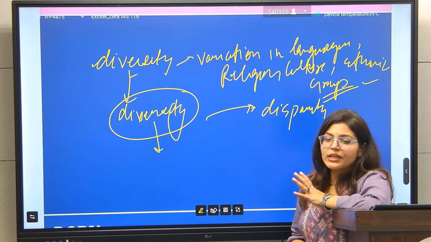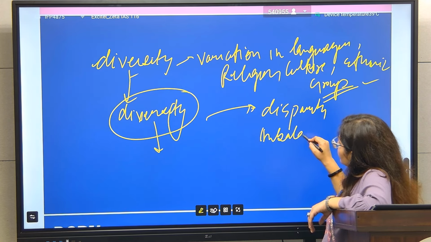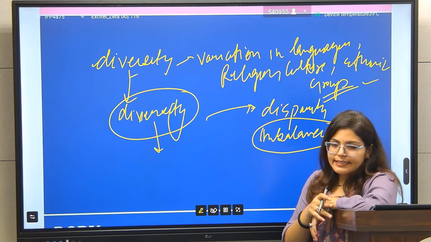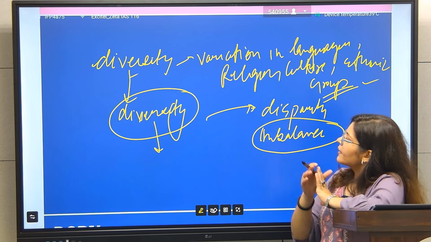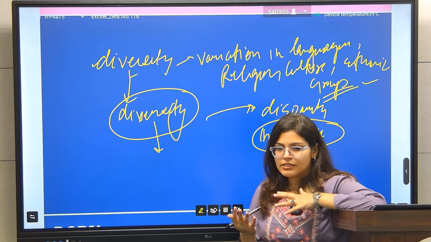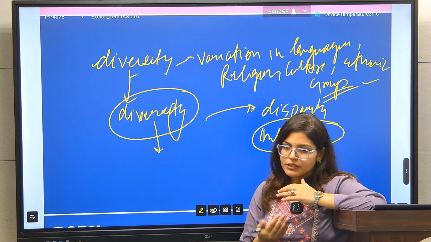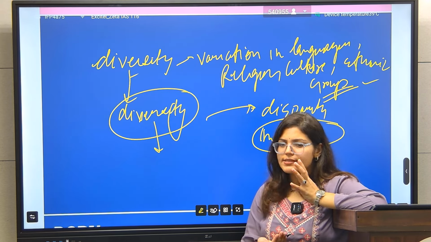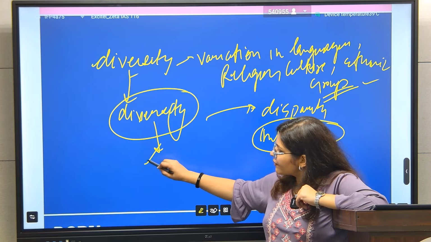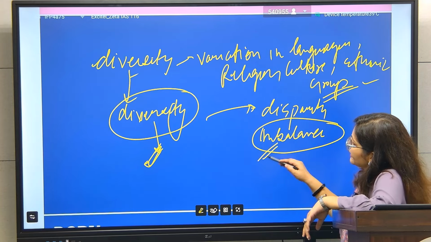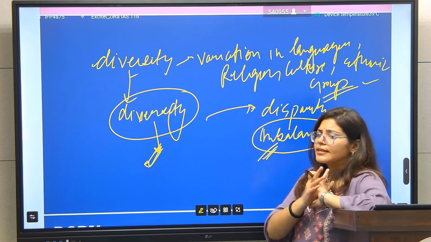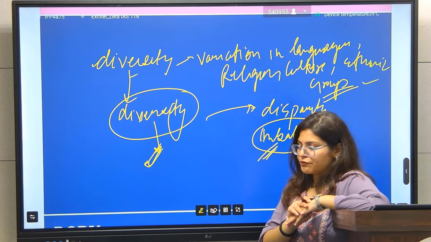Disparity is more about imbalance, and disparity is a negative term. So disparity has a negative connotation and diversity has a positive connotation. Disparity is about imbalance in society, unequal levels of development, income, opportunities, but diversity is the variation in our society. We celebrate diversity in India, but regional disparity is an issue in Indian society. Hope this is clear how diversity and disparity differ.